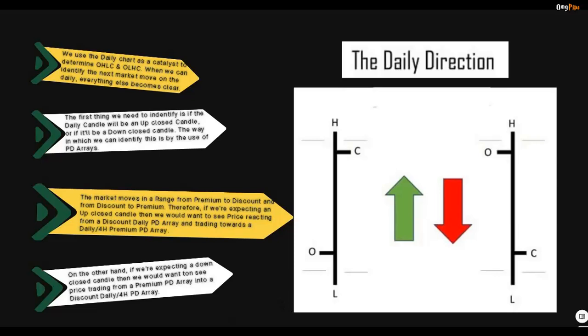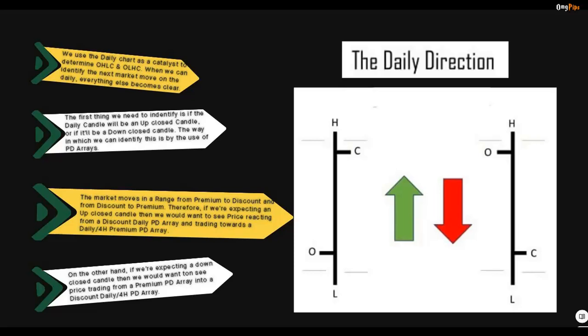The market moves in a range from premium to discount and from discount to premium. Therefore, if we are expecting an up-closed candle, then we would want to see price reacting from a discount daily PD array and trading towards a daily or 4-hour premium PD array.